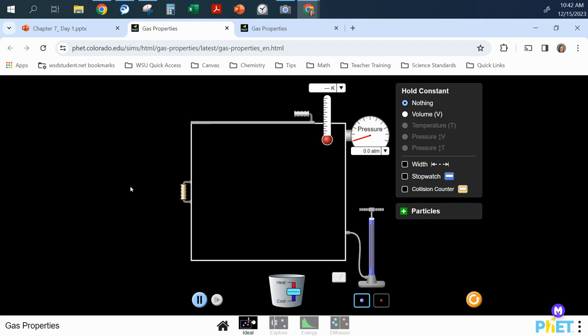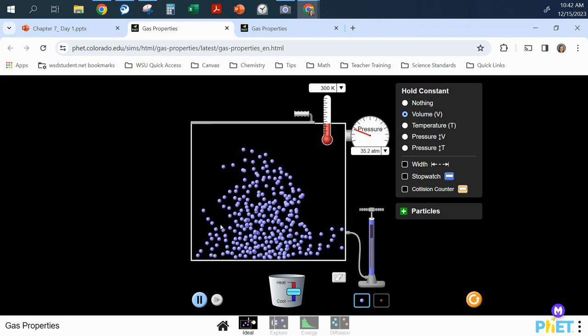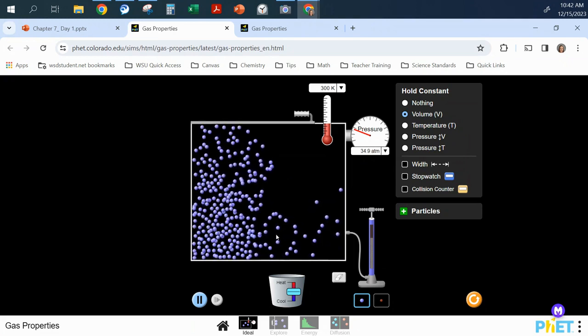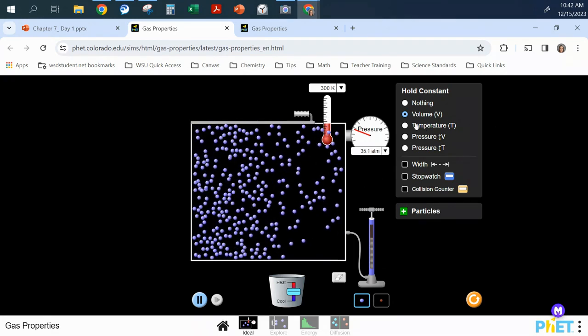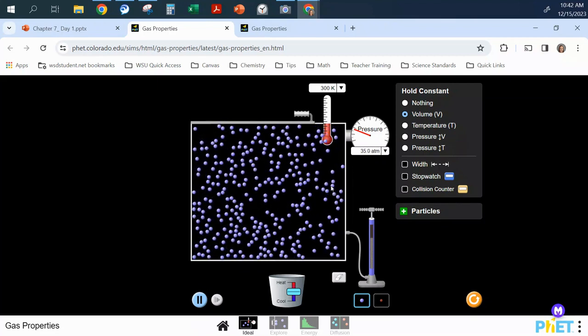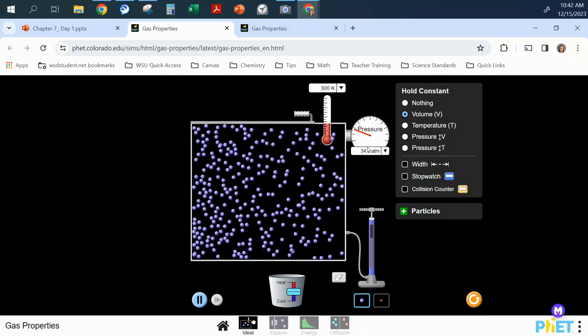Then we're going to look at what's happening to the temperature. So let's hold volume constant for now. I'm going to put some gas into my box of gas. So I just added some molecules, and I'm going to stop adding atoms, I think they're atoms, and I can see my pressure. Can you see my pressure fluctuating here?